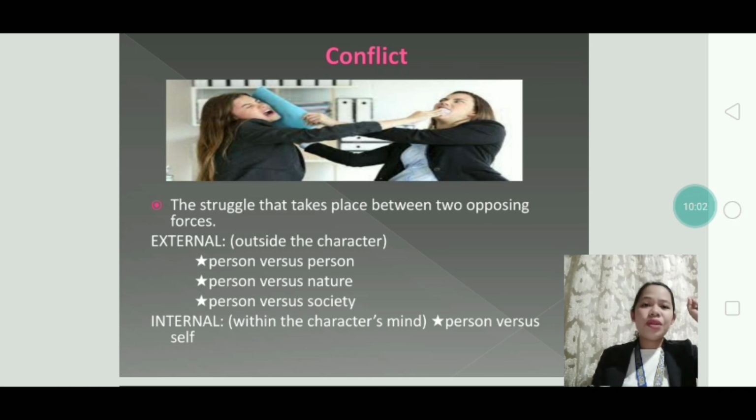Now, for the person versus society, who can give me examples? Okay, very good. General Luna. General Luna is a person versus society type of conflict. Why is it? It is because the army isn't truly the conflict.